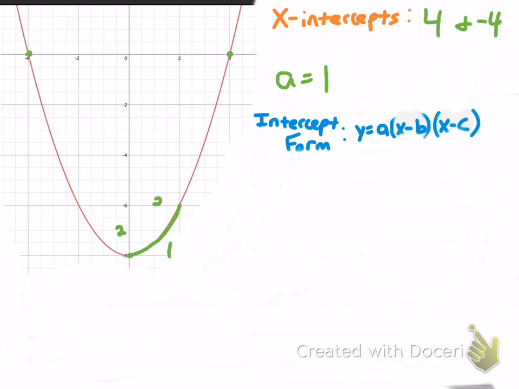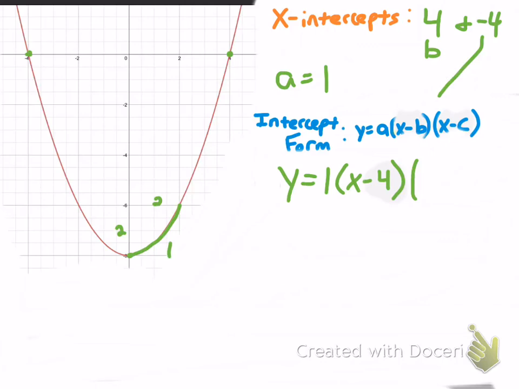And again, just fill in your equation from what you just found. Your a is 1. Alright. Your b, we're going to say our b is 4. So again, since it's inside parentheses, change your +4 to a -4.